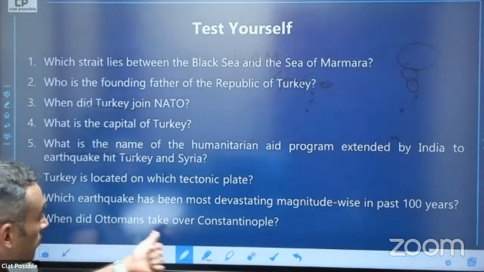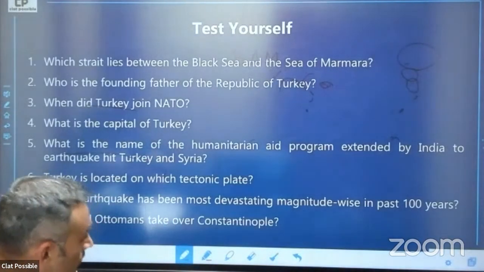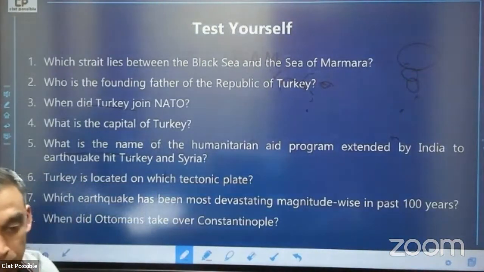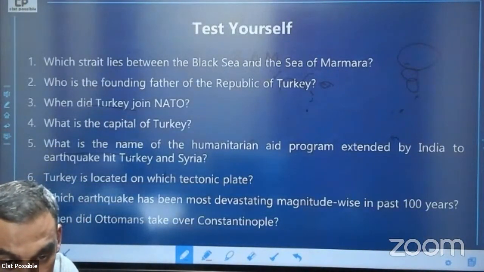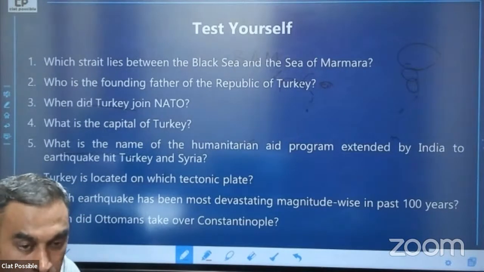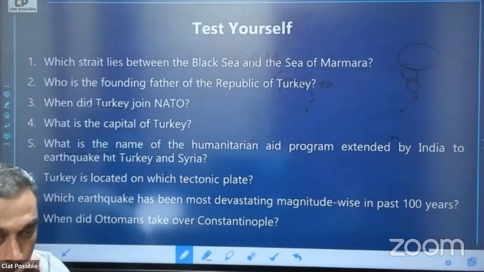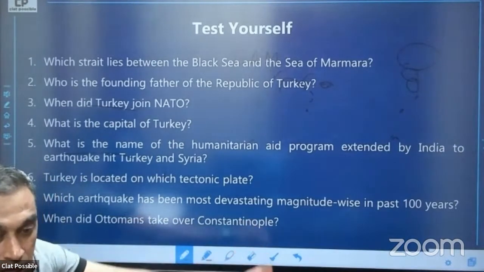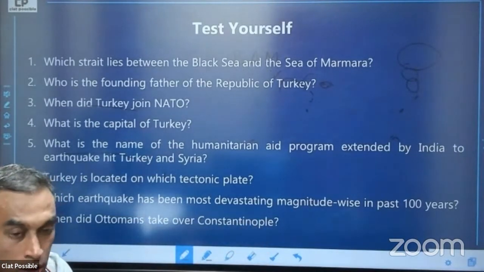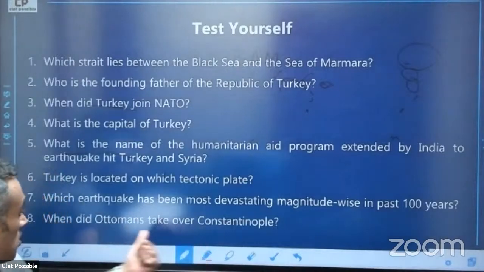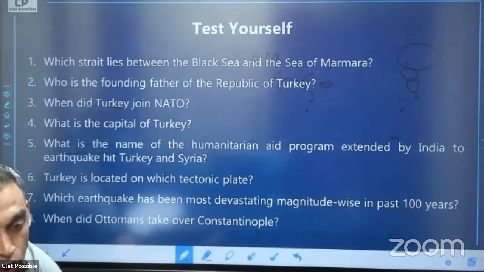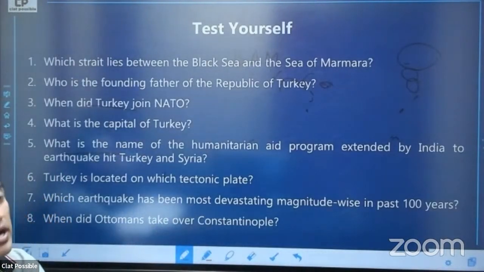Okay, when did the Ottomans take over Constantinople? Not limited to Turkey. So this is present day Istanbul. Which year was this? The Ottomans took it over from the Byzantines.